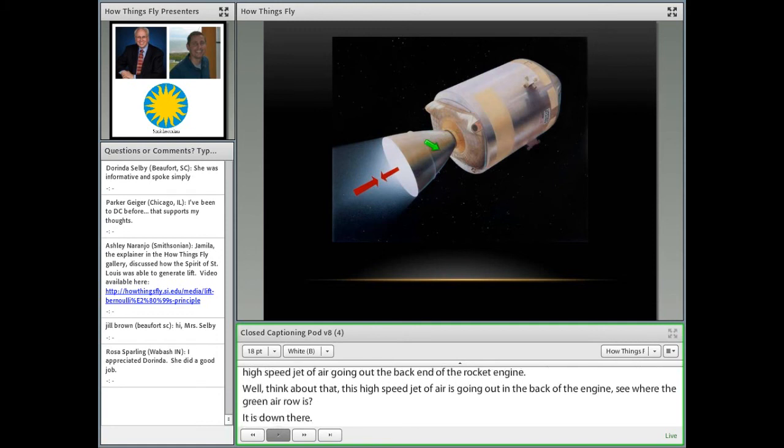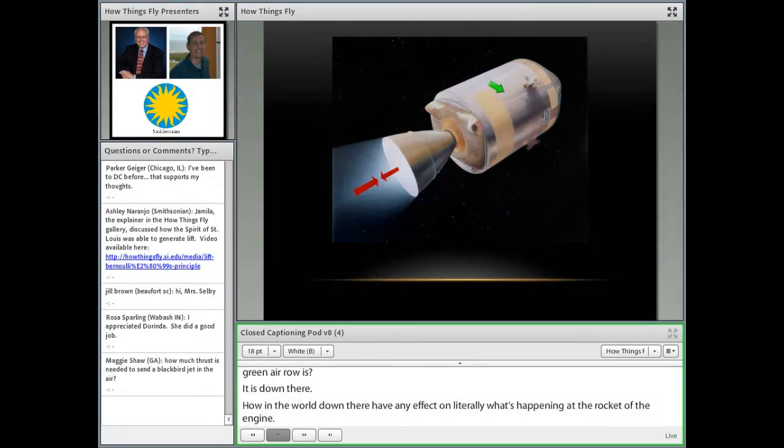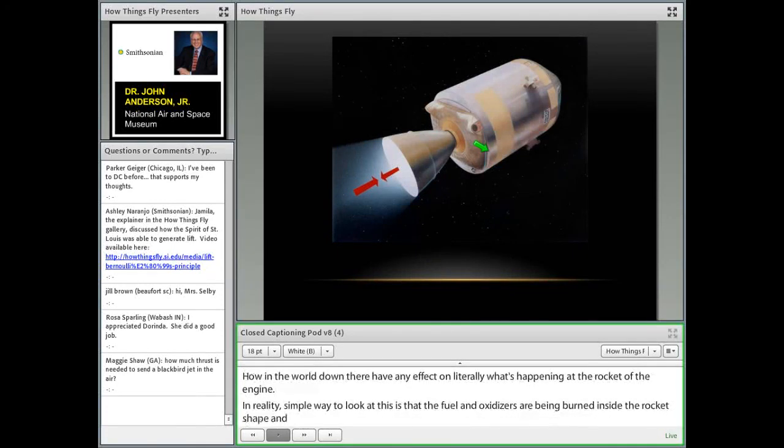In reality, the simplest way to look at this is that the fuel and oxidizer being burned inside the rocket chamber creates a high pressure. That pressure is exerted on the internal surface of the rocket engine. And it is this internal pressure inside the rocket engine that pushes the rocket forward. That is what is generating the thrust.